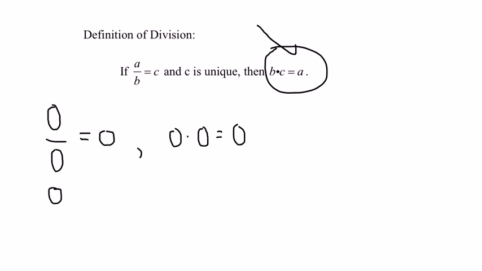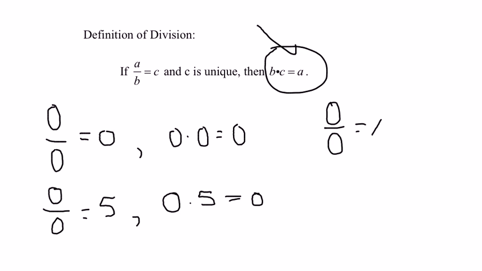We can also put in a 5 if we wanted to, because 0 times 5 equals 0. So it still works for that second part. We can actually plug in anything there. We can say 0 over 0 equals x, and we still have 0 times x equals 0.